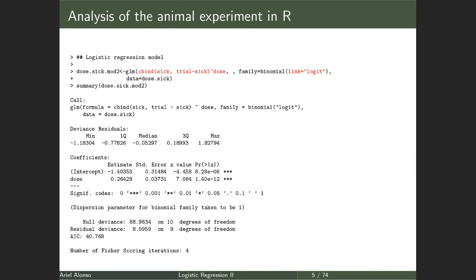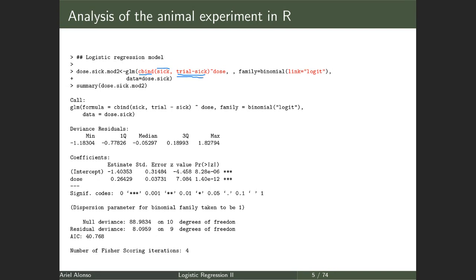So you pass as your response variable two different elements. Sick is actually how many animals got sick at certain doses, and then trials minus sick. In this case, trials is the number of animals you had at each dose, that's 20, minus sick, so this will be the number of successes over here. This will be the number of failures over here.